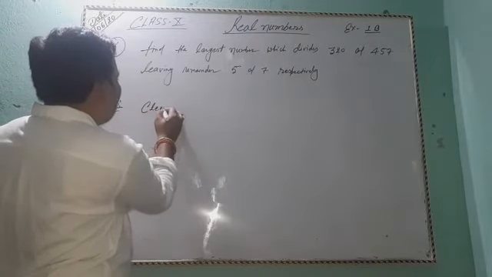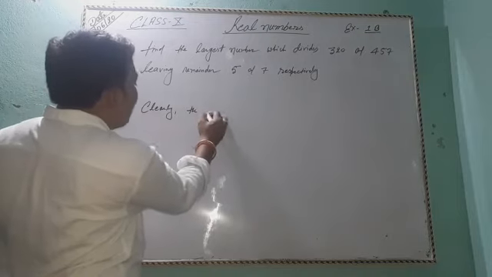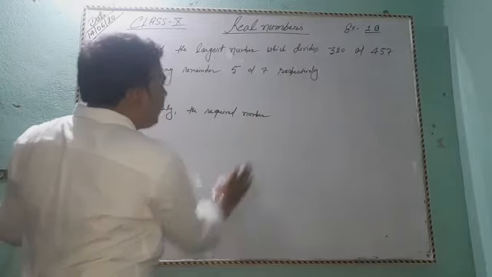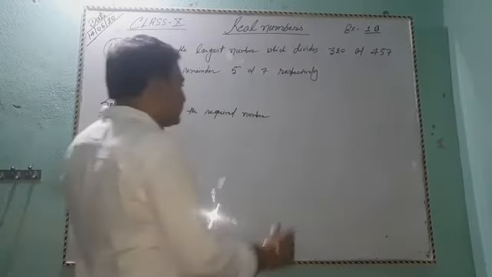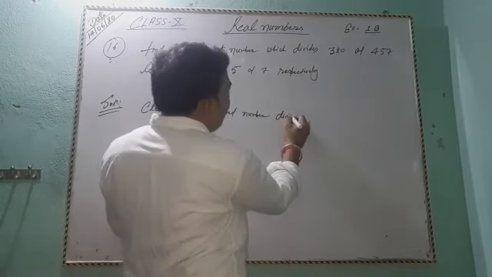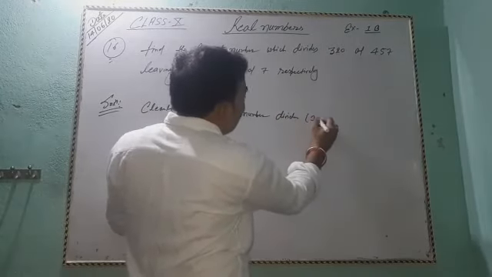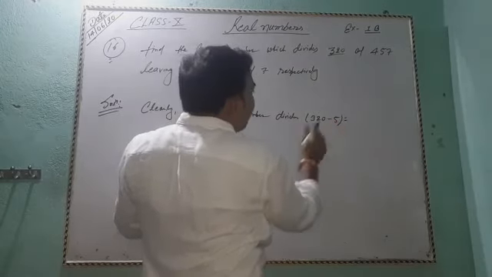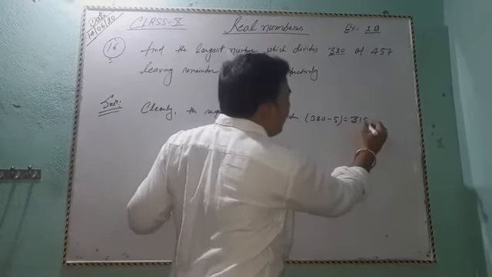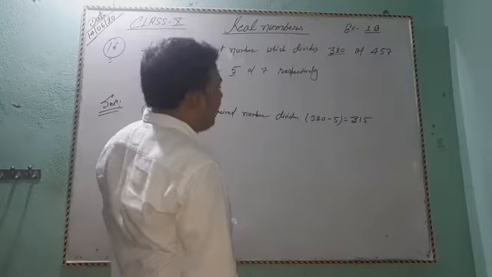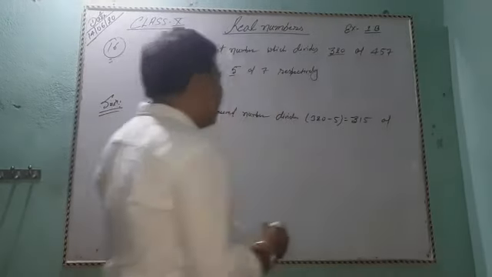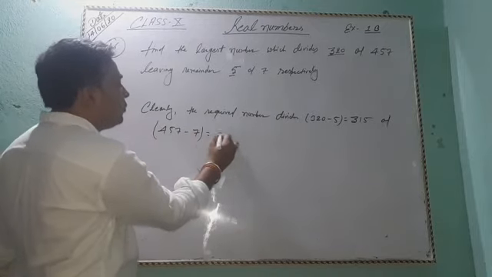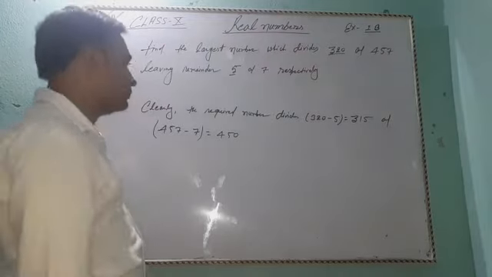Clearly the required number divides 320 minus 5 equal to 315, and 457 minus 7 equal to 450 exactly.